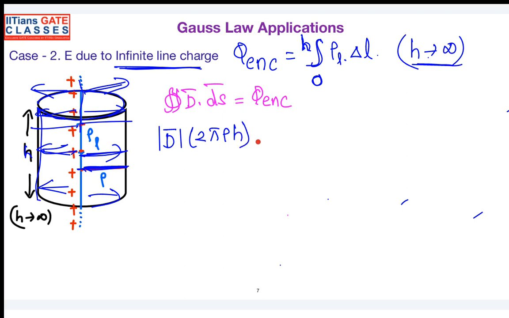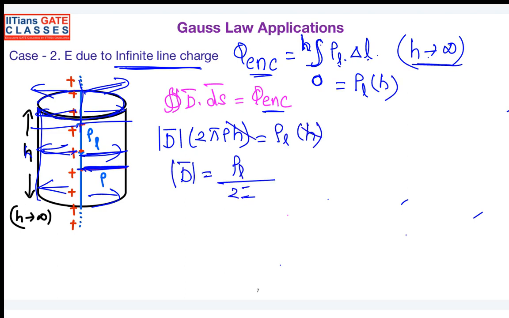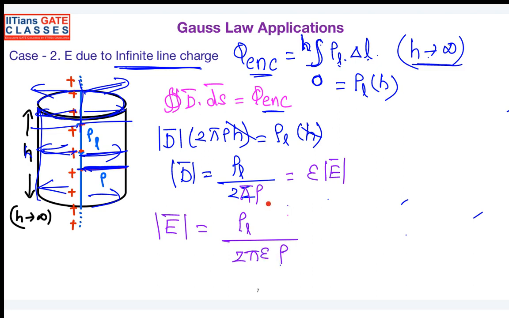So h gets cancelled, and the flux density will be written as rho L by 2 pi rho. So the electric field intensity can be written as rho L by 2 pi epsilon rho, and the direction of the electric field intensity will always be radial.